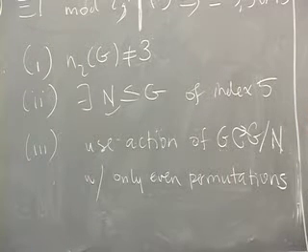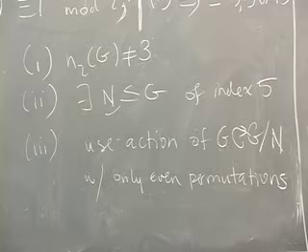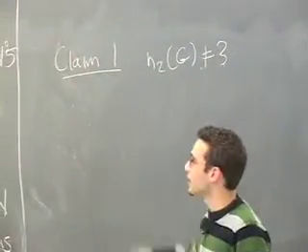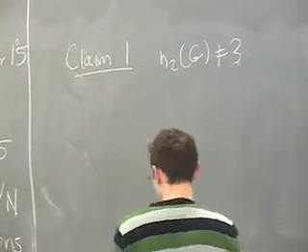So let's start with the first part of this. First thing I claim is, as I said over here, that n2 of G is not equal to 3.